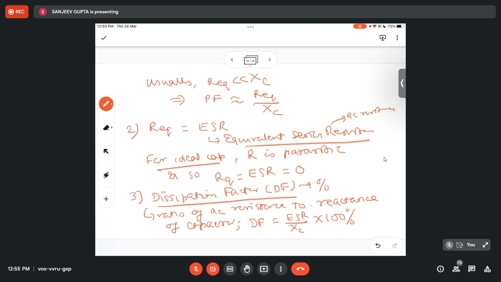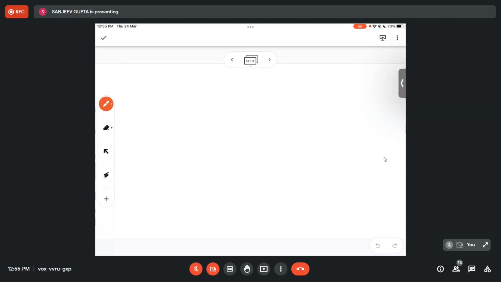Okay. Sometimes people also speak in a more common way, which is what we call the quality factor of a capacitor. It is defined as Q, and Q we define as XC over R equivalent. It is a factor, so it is not expressed in percentage. R equivalent or ESR, somewhere I am using R equivalent, somewhere ESR, but one and the same thing.